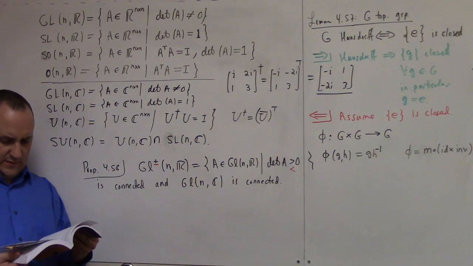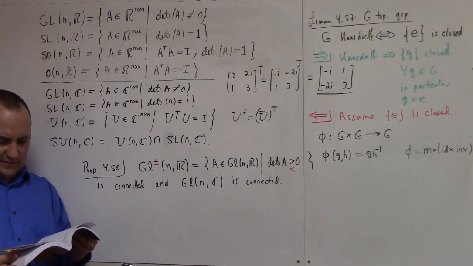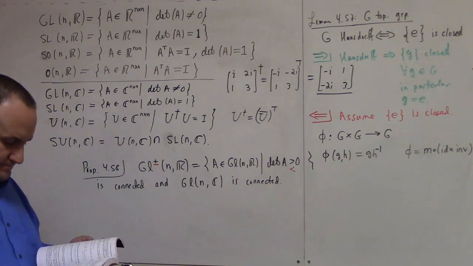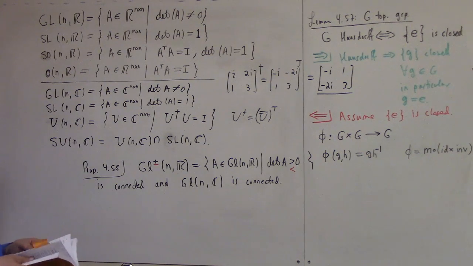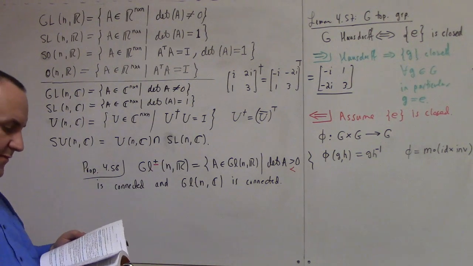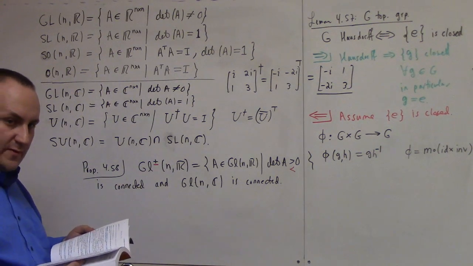Let Y be a connected topological space, F from X to Y a continuous onto map such that the fibers are connected for each y. If F is open or closed, then X is connected. Ah. Right, okay. I'm thinking of another one that sounded kind of like that, but it wasn't that one. Yeah, I think we had a similar one for closed. Oh yeah, theorem 4.44: consider a closed map with Y compact, the codomain compact.